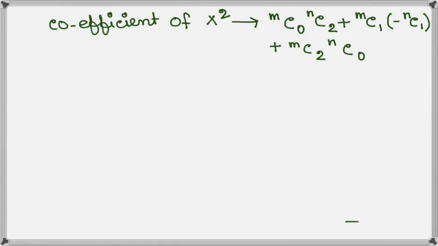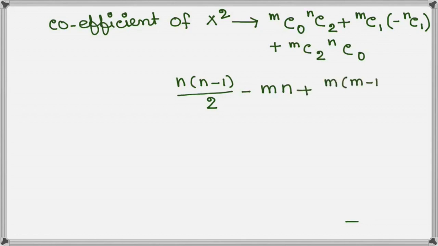So we can note that this is equal to n into (n minus 1) divided by 2, minus mn, plus m into (m minus 1) divided by 2.